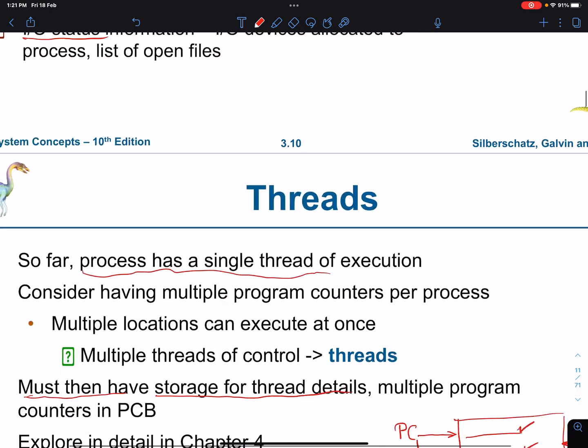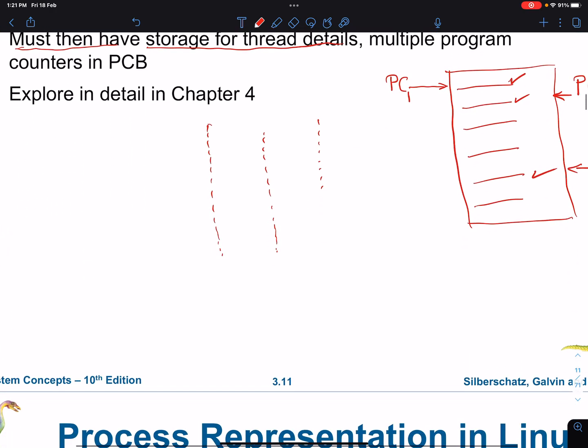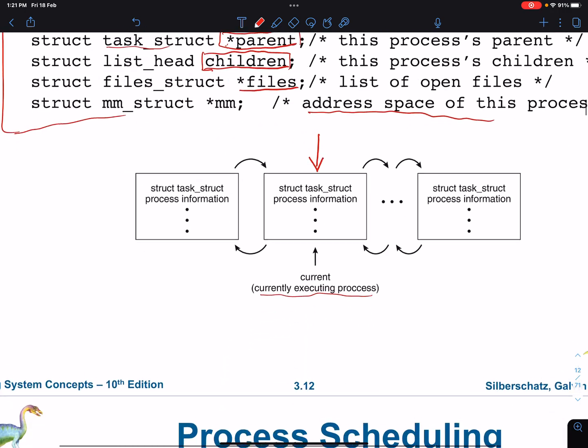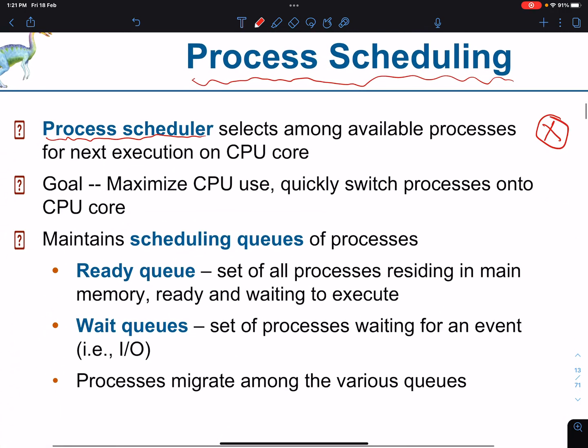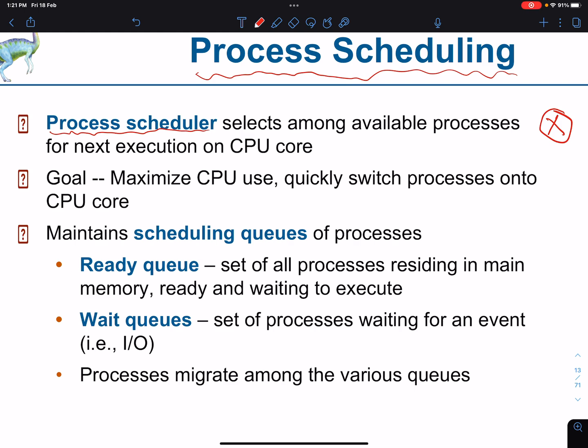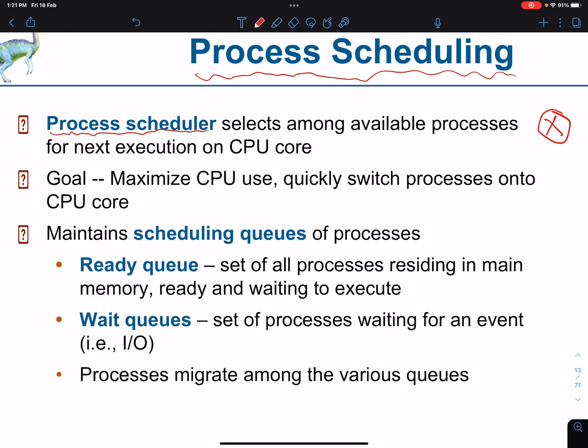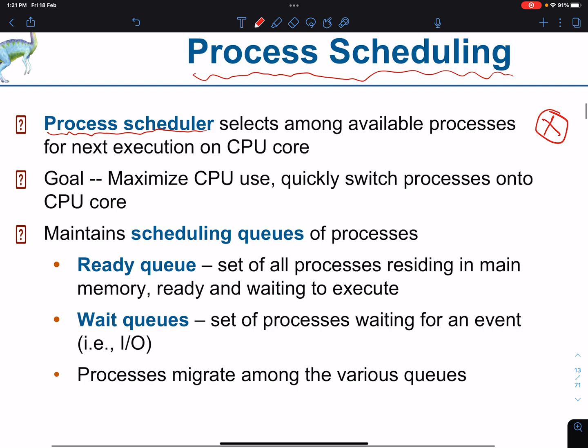Okay, let's go back here. So the scheduling of processes happens, as we mentioned before, in queues. For the ready state, we have a ready queue.